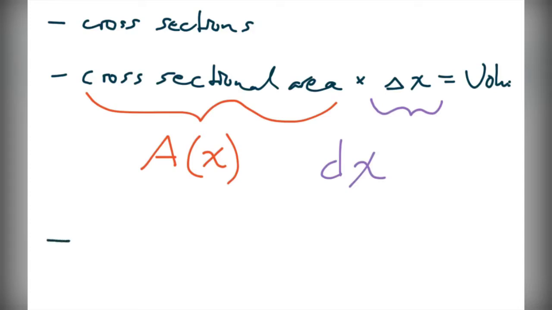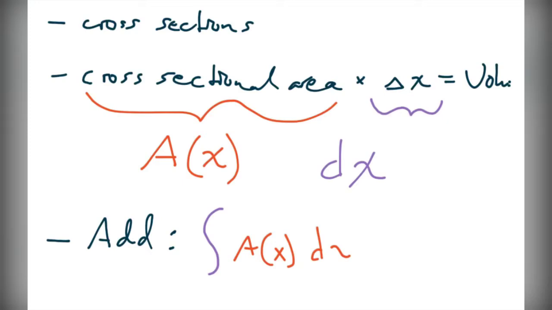And how do we add, or how do we accumulate different values? We do an integral. So if you do the integral of A(x) dx, what you're really doing is adding together all of those little volumes to become a total volume of the irregular solid.